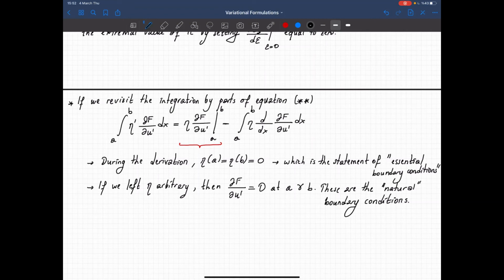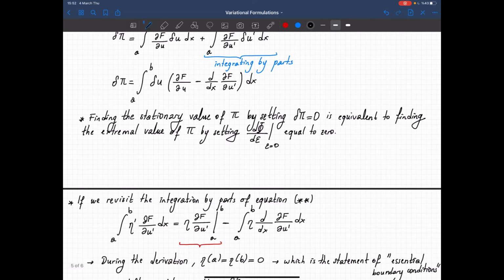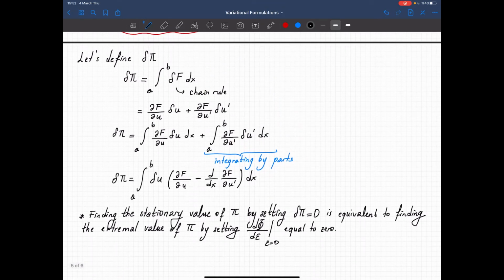So this is what we did here. Let's repeat. We have a functional, a function of f, and we want to figure out the properties of the u that makes this functional minimum or maximum.